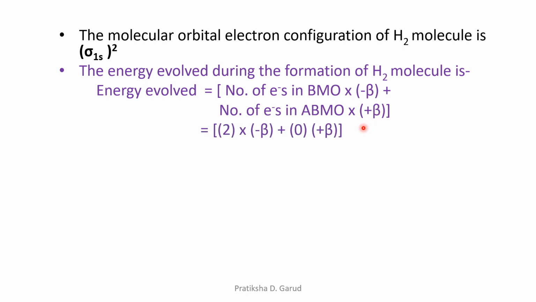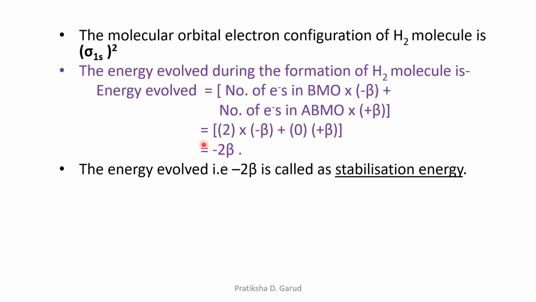That equals 2 into minus beta plus 0 into plus beta, which equals minus 2 beta. This minus 2 beta value is known as the stabilization energy.